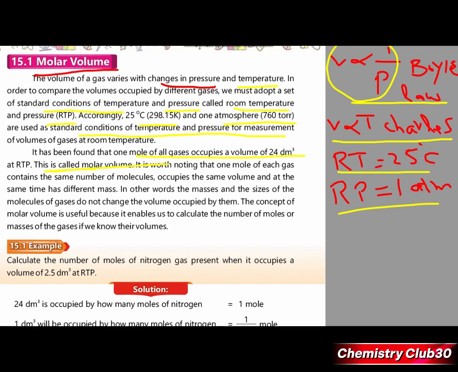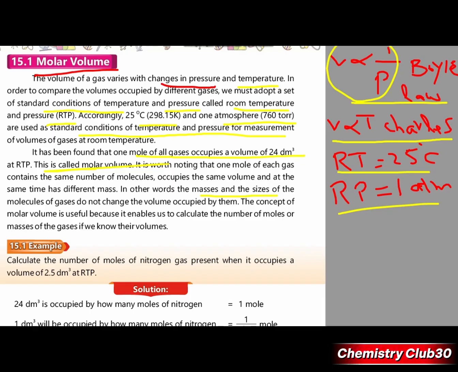In other words, the masses and the size of molecules of gases do not change the volume occupied by them. These two factors, mass and size of the gas molecule, do not affect the volume occupied by the gas.